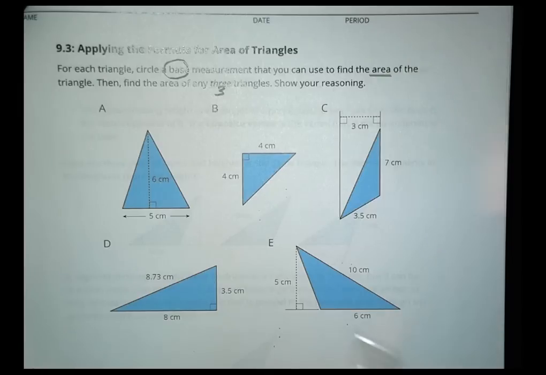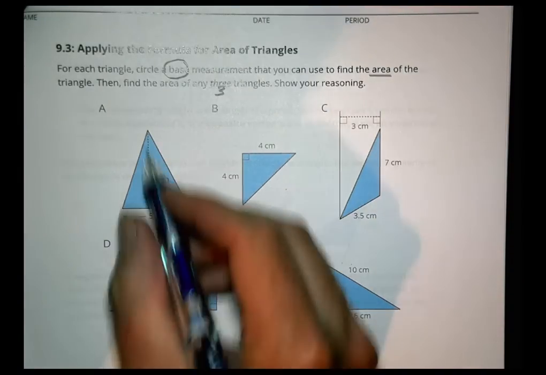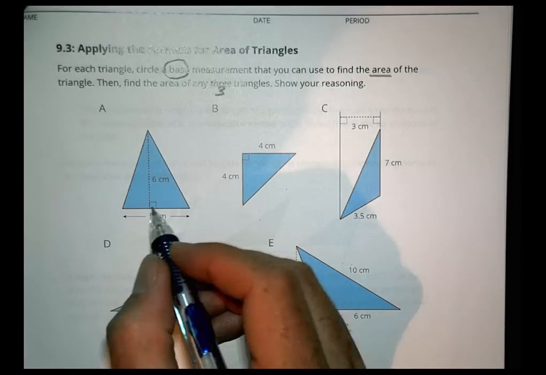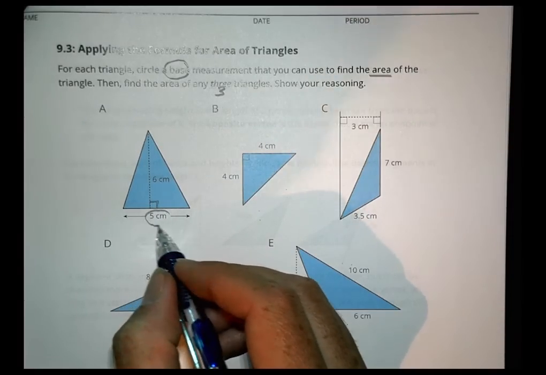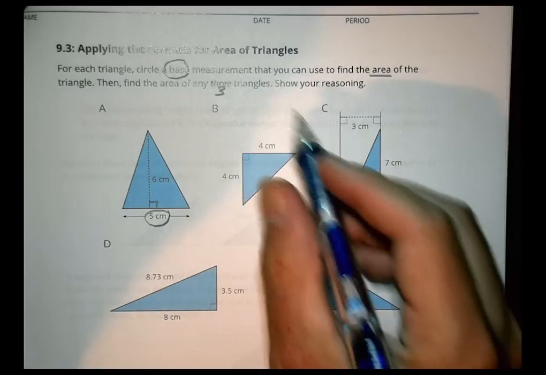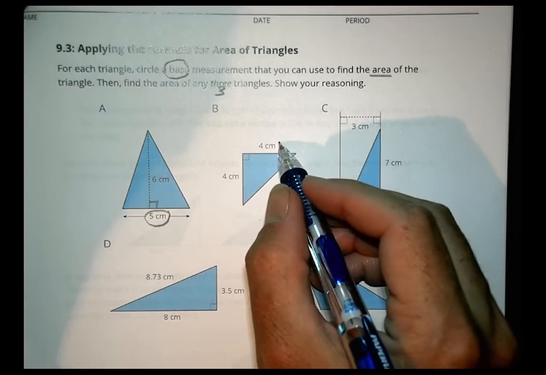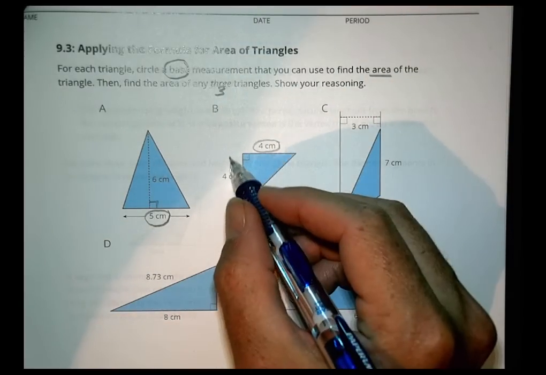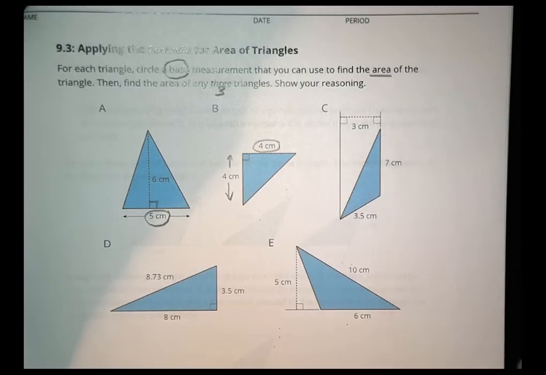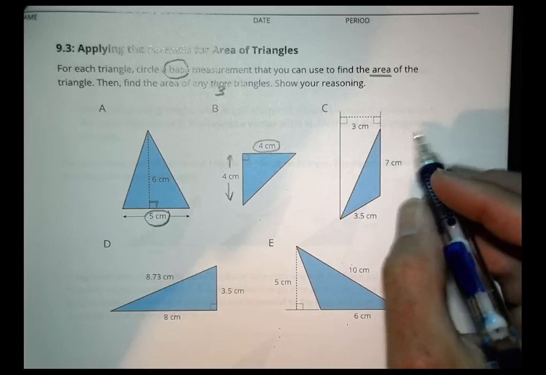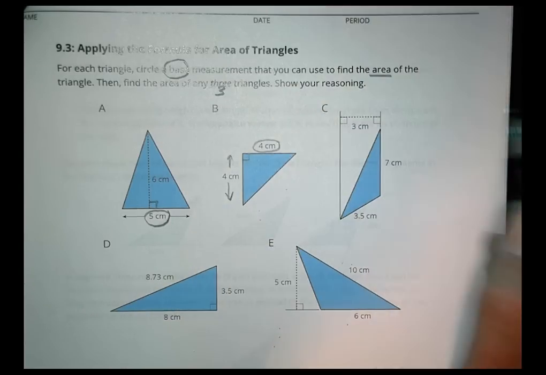Alright, so let's look at this one here. We have a vertical line, or a perpendicular line here making that right angle, so we can say this would be a great base for us, no problem. On this one, I'm going to call this the base, just because this one goes up and down, and it's easier to refer to that as the height, just visually, the nice right angle there. Over here, one's a little bit trickier, right?